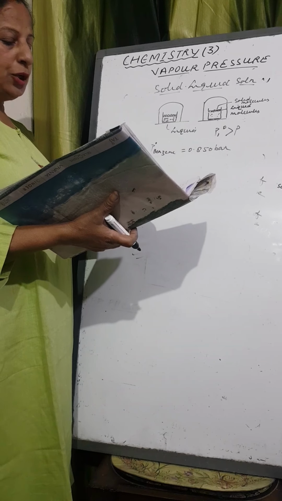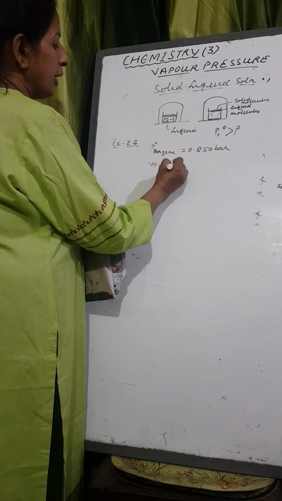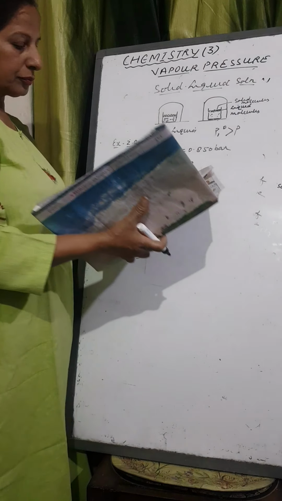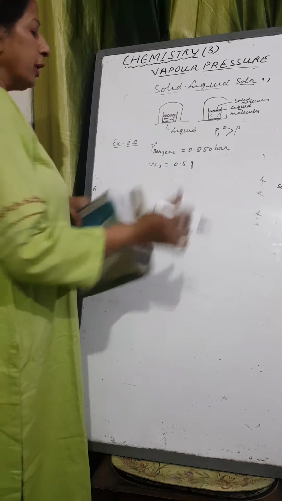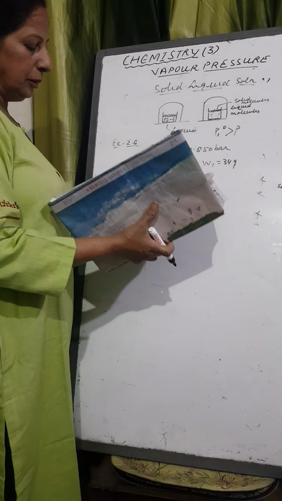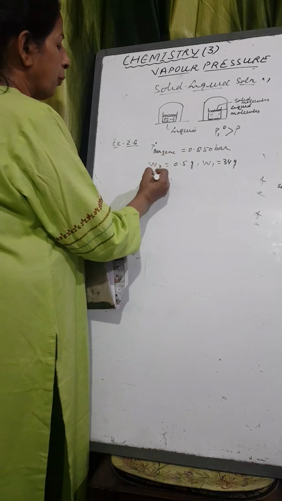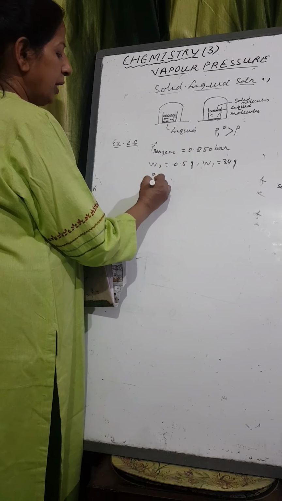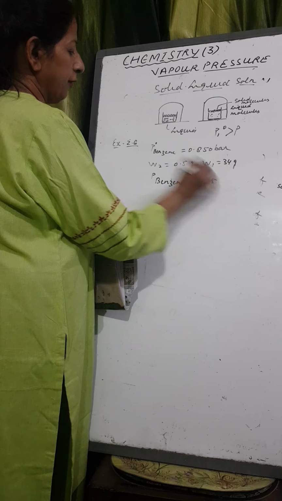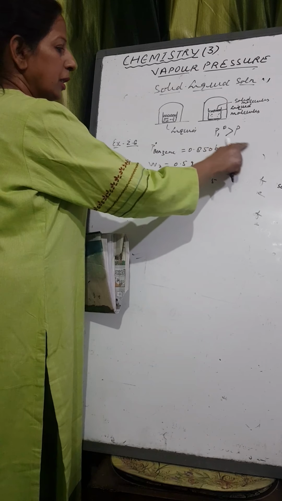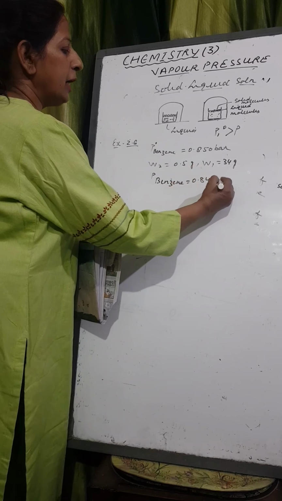A non-volatile, non-electrolyte solid weighing 0.5 gram, that is W2 is 0.5 gram, when added to 34 gram of benzene, so W1 is 34 gram, the vapor pressure of the solution now is 0.845 bar, means P benzene is 0.845. So in presence of solute, the vapor pressure has lowered from 0.850 to 0.845 bar.